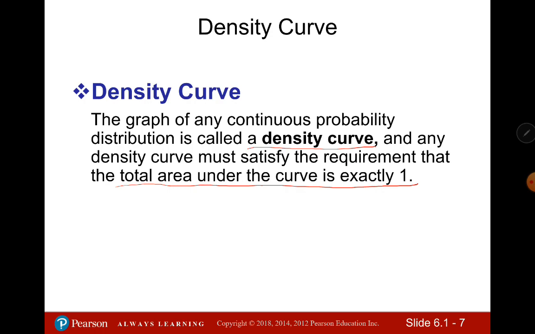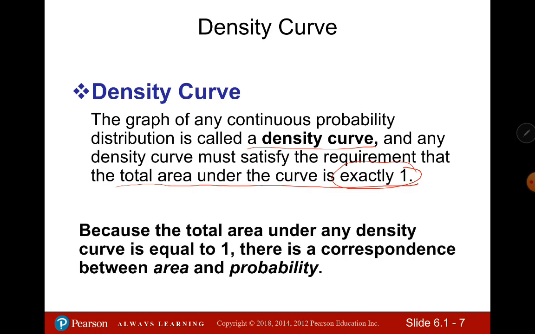You do not need to know how to write the density function or something like that. It's not required. You only need to know the area is just 1. And you all should know there's a correspondence between area and probability. We find the area under the curve, we find the probability.